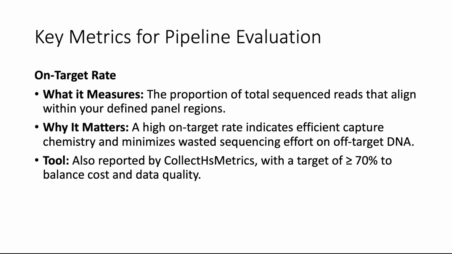Quite close to that is on-target rate, which will constitute the proportion of total sequenced reads that align within your defined panel regions. So the higher the on-target rate is, the higher the efficiency of capture for our regions of interest in our results.